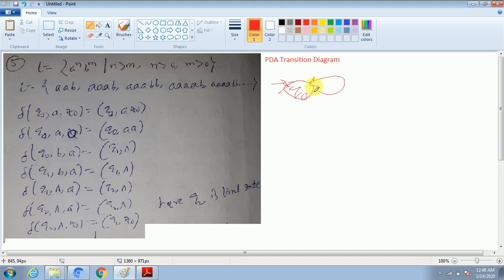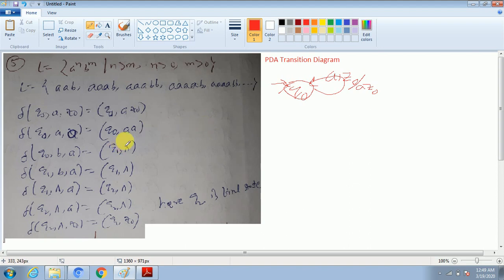What is the applied input? A. What is the corresponding top? Z0. But how is the top modified? A Z0. This is the diagram equivalent for the first function. Similarly, we need to complete all the functions in terms of the diagram.